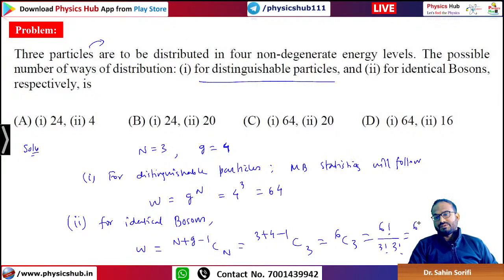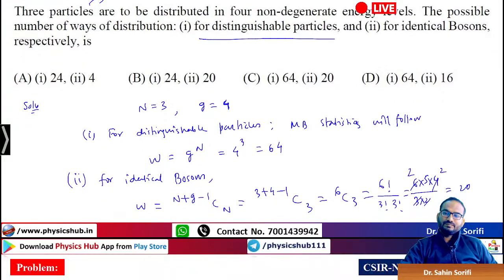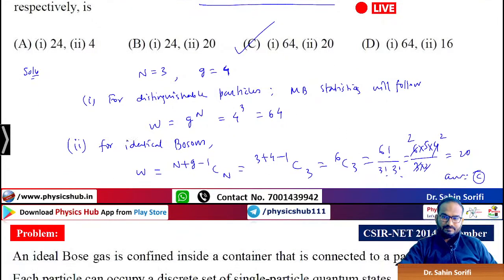So 6 into 5 into 4 into 3 factorial divided by 3 factorial, 2, 2, 10, 20. 64 and 20. I hope this is clear.